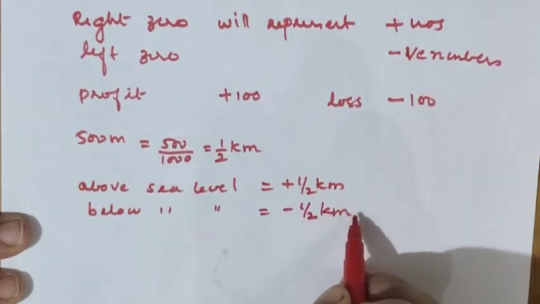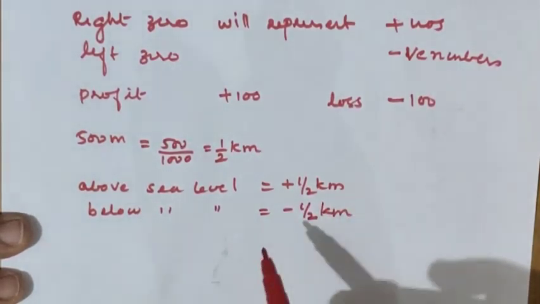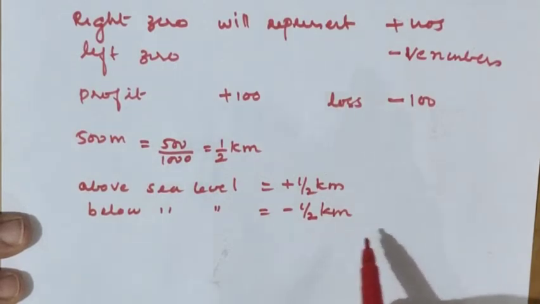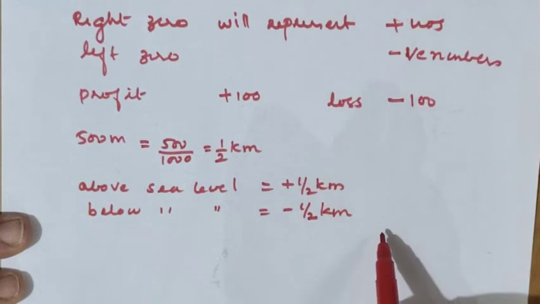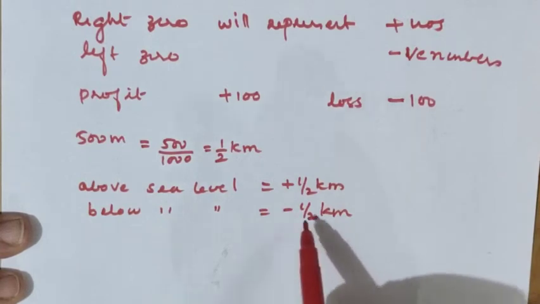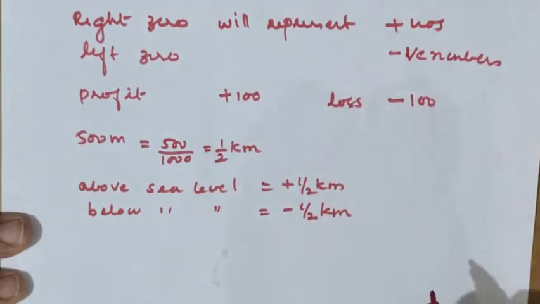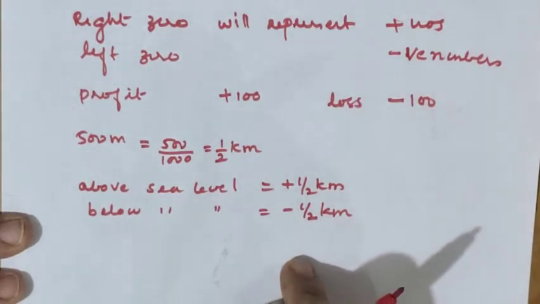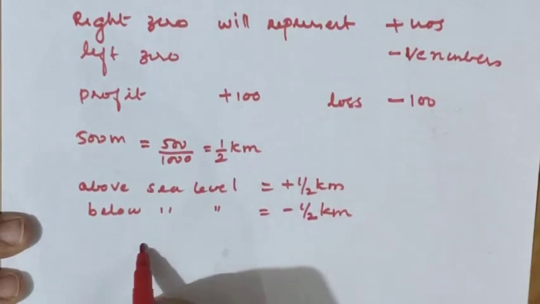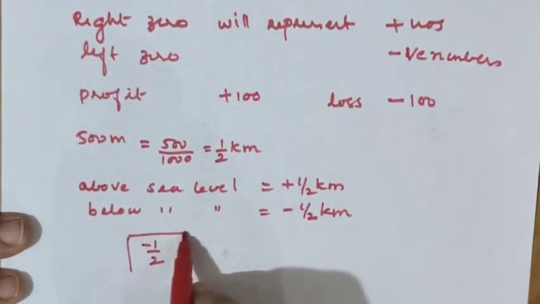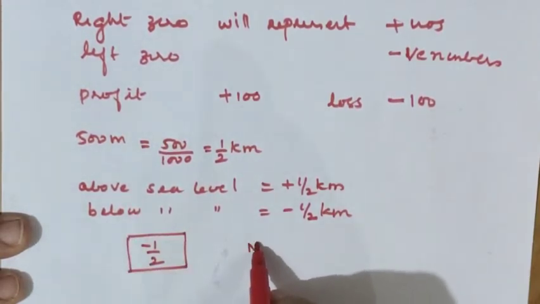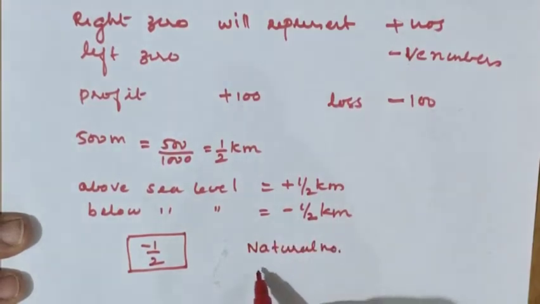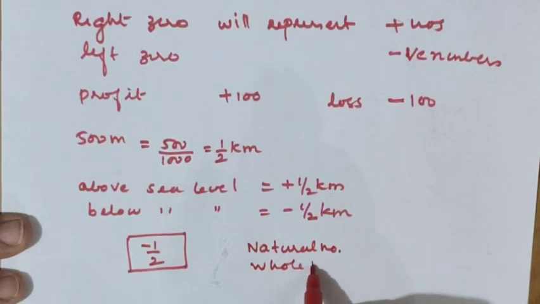Now minus half kilometer, if I consider it, is not a fraction because it is a negative number. A negative number does not come in the fraction category. It is also not an integer, not a natural number, and not in the whole number group.